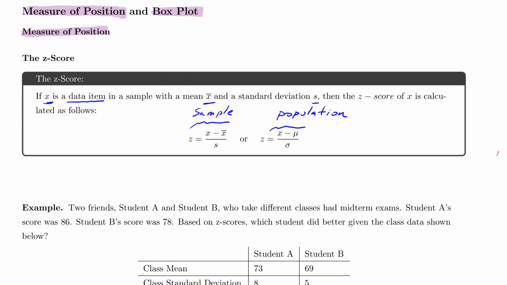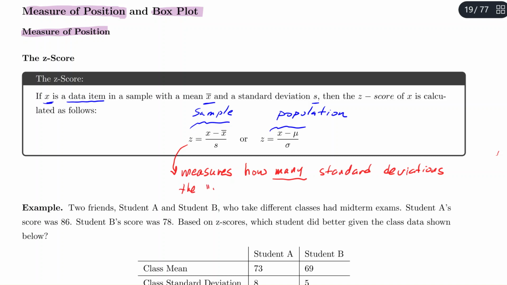So what does the z-score measure? It measures how many standard deviations the x value is away from the mean.